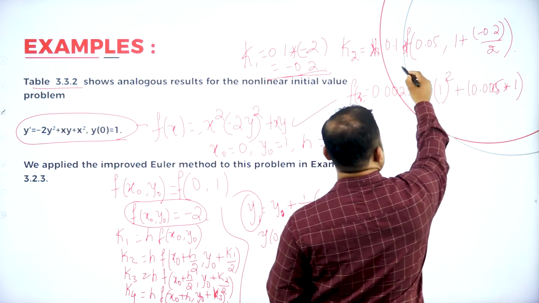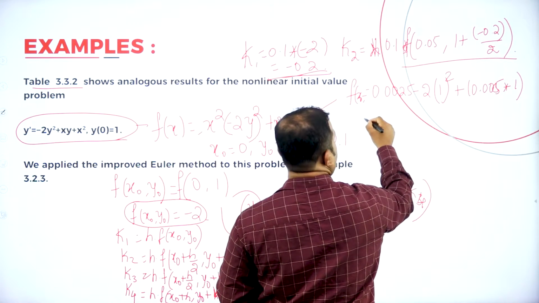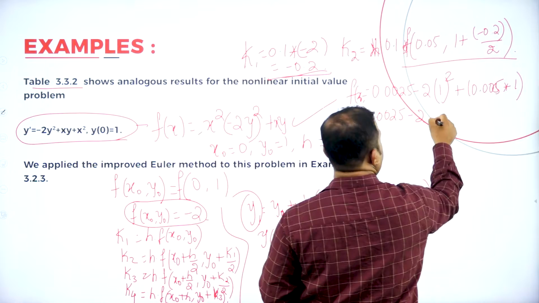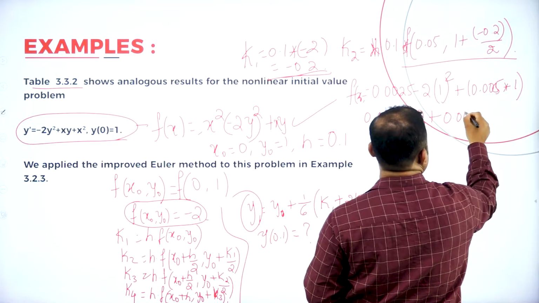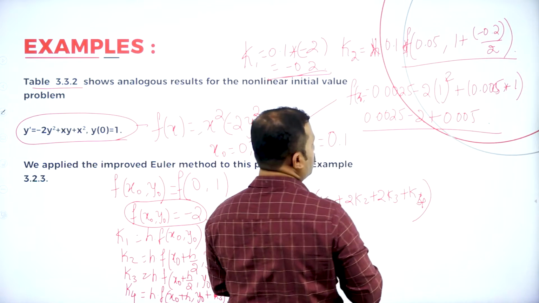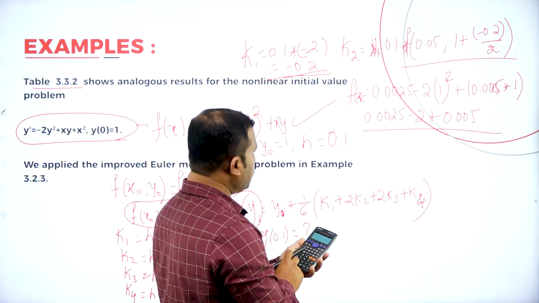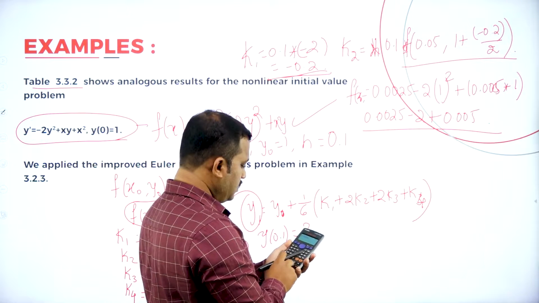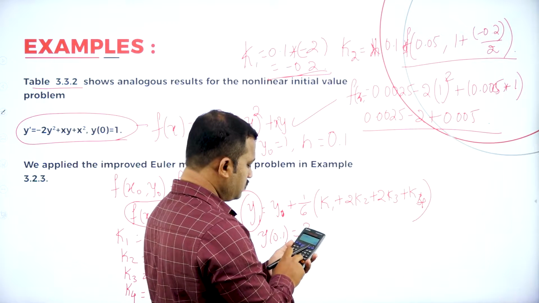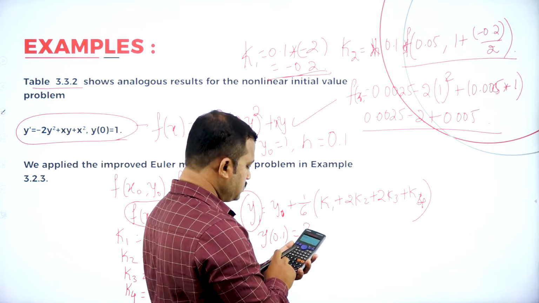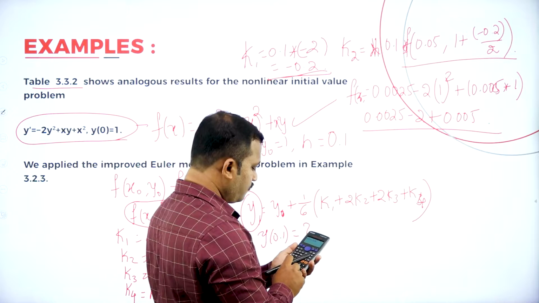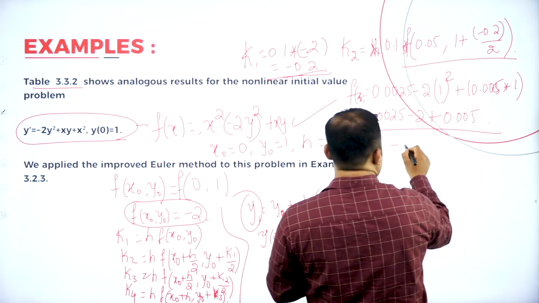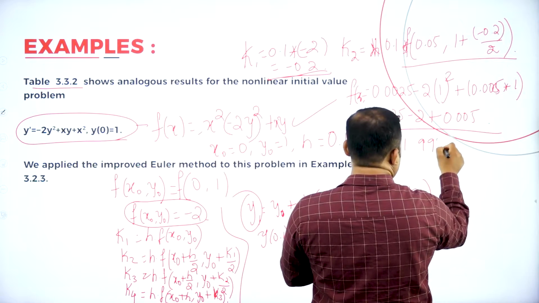This value is obtained. How can I find out? 0.0025 minus 2 plus 0.005. If I do this operation, what is the value I am getting? 0.0025 minus 2 is equal to this value, plus 0.005, which is equal to minus 1.9925.